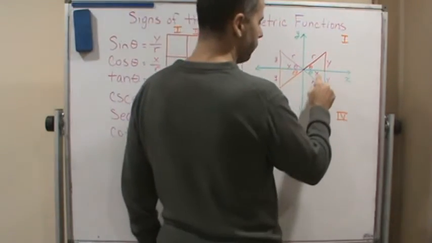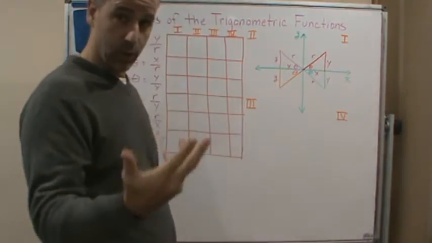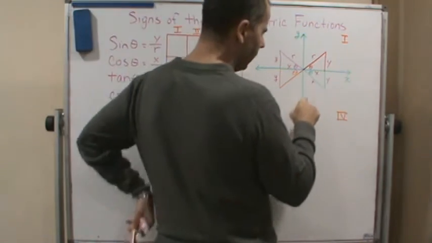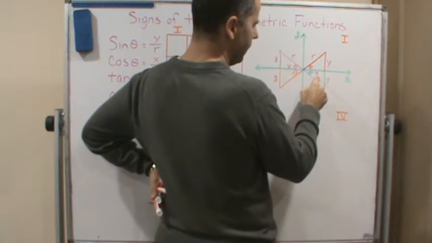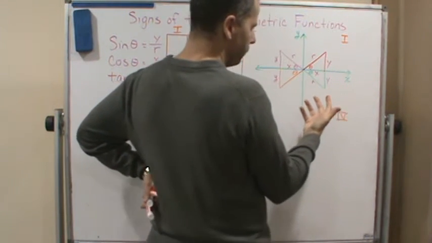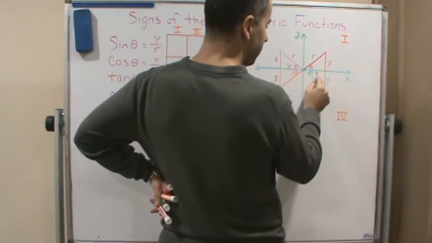All of the identities we were looking at were based off of this. Since r is always going to be positive, what we look at is y and x.